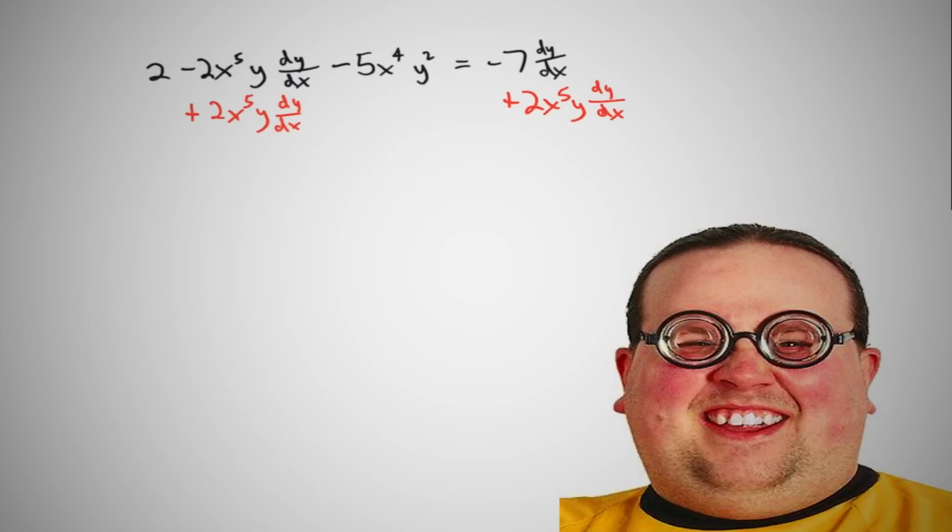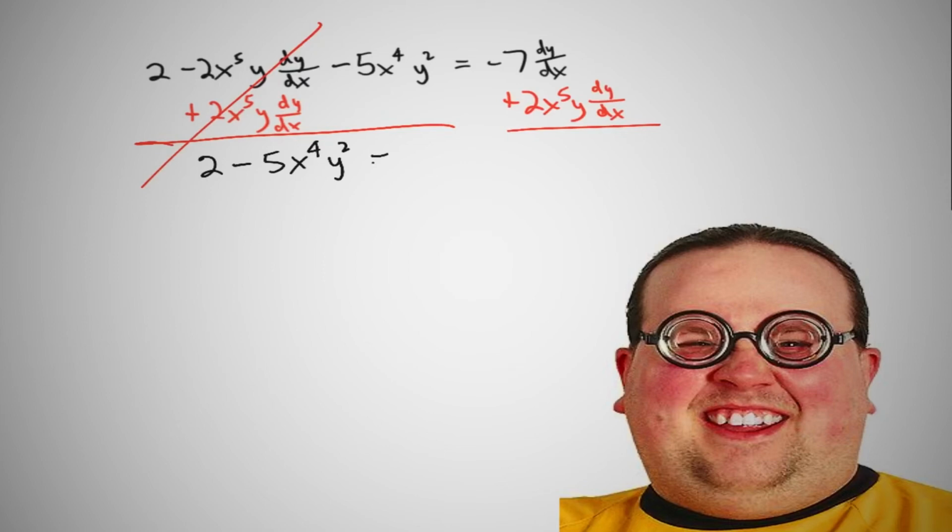All right, so let's go ahead and we move that over. So what are we left with? We're left with 2 minus 5x to the 4th y squared, and that's all equal to -7 dy/dx plus 2x to the 5th y dy/dx.